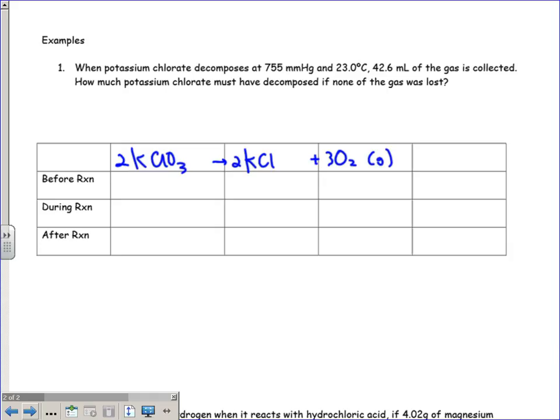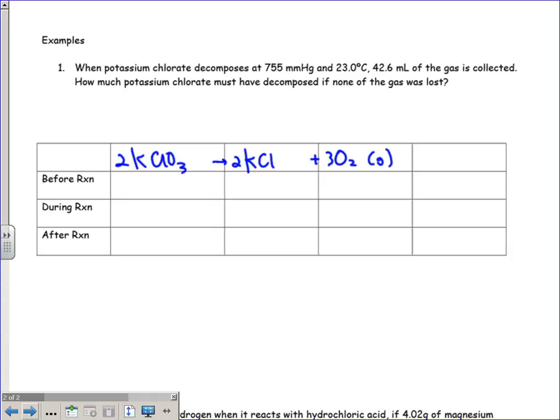Okay, it says when potassium chlorate decomposes, at 755 millimeters of mercury pressure and 23 degrees Celsius, 42.6 milliliters of gas is collected. How much potassium chlorate must have decomposed if none of the gas was lost?